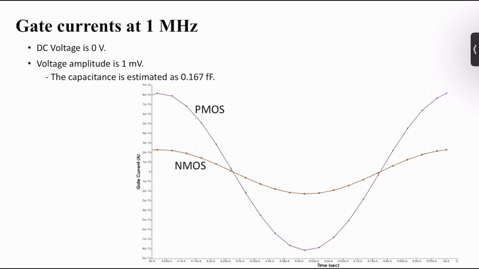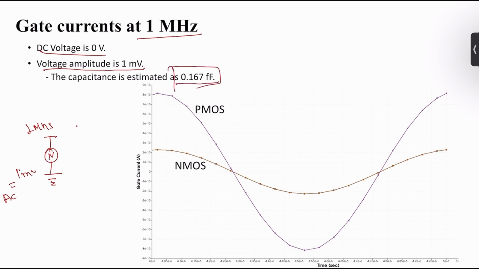So now coming to the gate current at 1 megahertz. What I did here, I put one sinusoidal voltage source at the input of one transistor at 1 megahertz, and 1 millivolt was the AC amplitude, but DC voltage was 0 volt, and capacitance was estimated as 0.167 femtofarad.